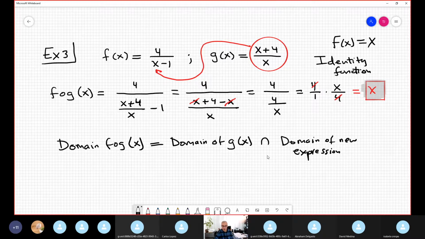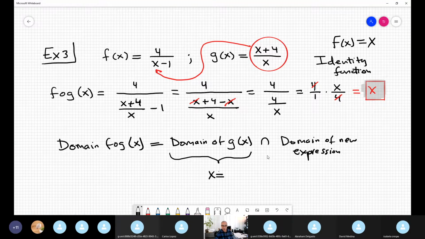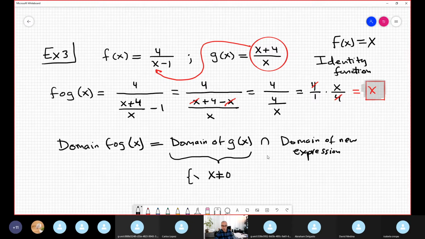Okay. So domain of g, well, it's easier: you take this expression, you take the denominator, no 0. Let me write it in the formal way like that. It's all real numbers except 0. 0 is a bad guy here because division by 0 is undefined. And the new expression is linear because the identity function is linear.